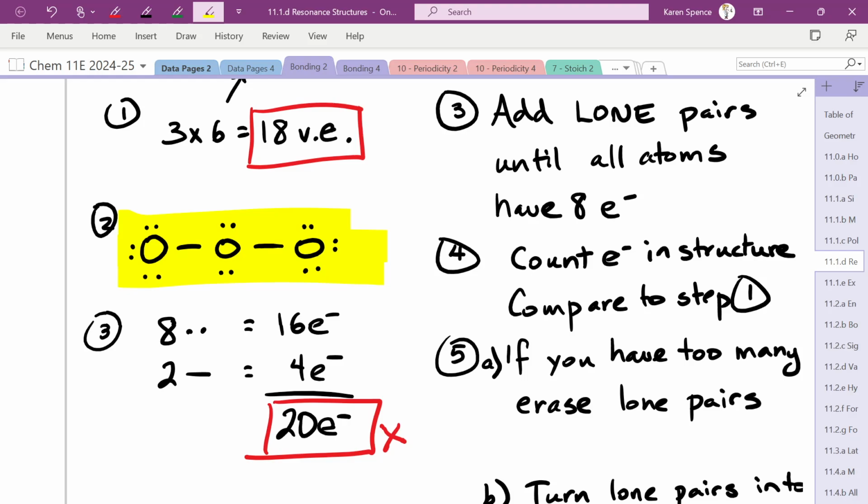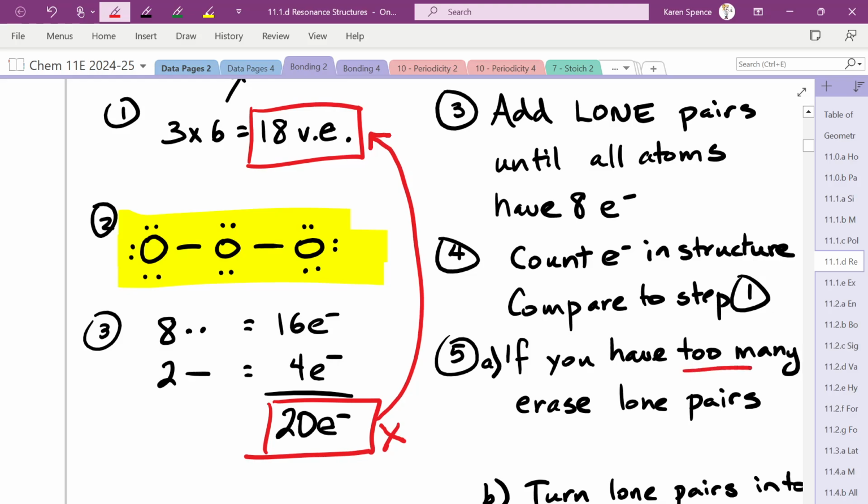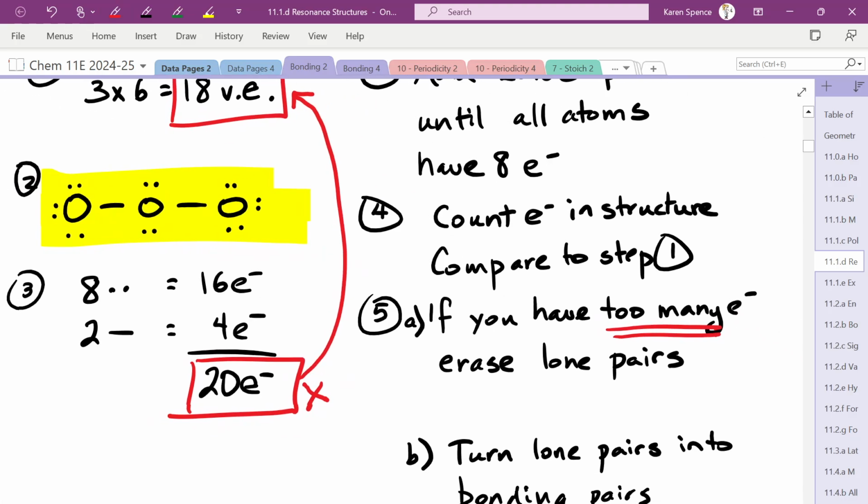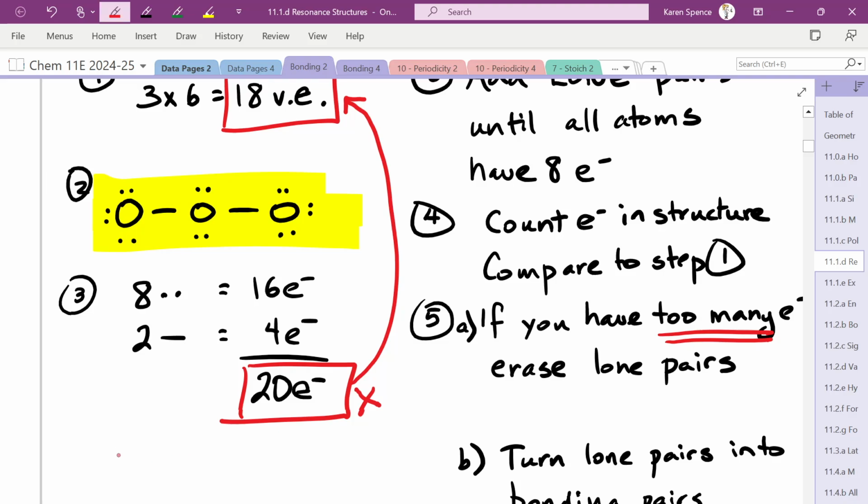What are we comparing that 20 electrons to? We are comparing it to the 18. Does it match? No. If you have too many electrons, you're going to erase lone pairs. How many pairs too many do we have? We have 1 pair too many, 2 electrons or 1 pair too many.